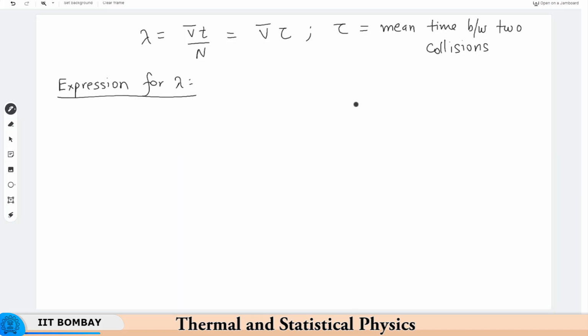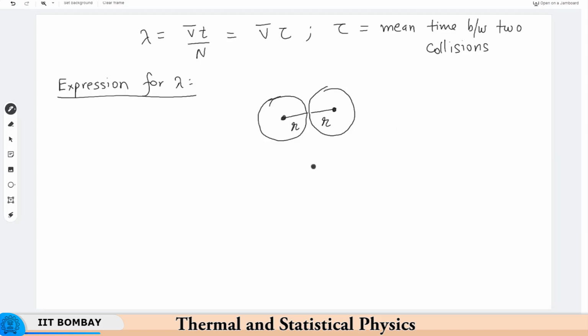Say our gas molecules look like spheres of radius r. Say this is a gas molecule, it has a radius r, and say there is another gas molecule which also has radius r.